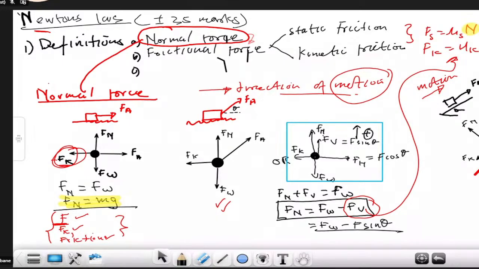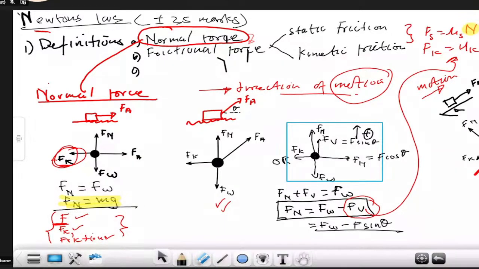Your Fk is also parallel to the surface. Why? Because the definition of a frictional force is a force that opposes the direction of the motion and it is parallel to the surface. So if it is not parallel to the surface, automatically we will start losing a lot of marks.